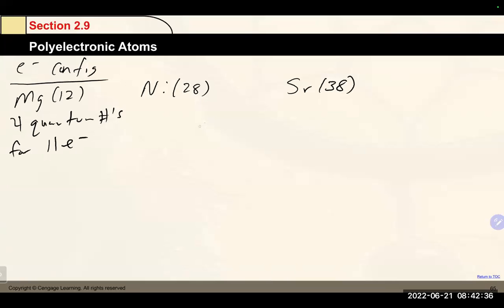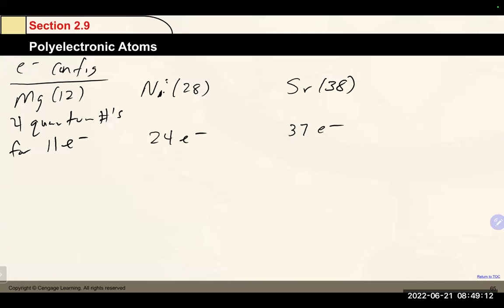Let's do the 24th electron for nickel, Ni. And we'll do the 37th electron for strontium. All right, take a few minutes, see what you come up with.